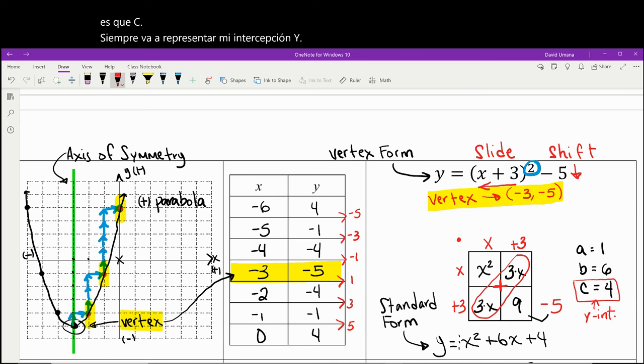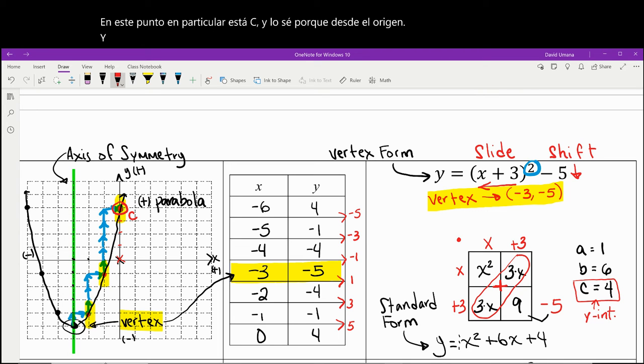So that means that up here, this particular point is C. And I know that because from the origin, I go straight up, and that's 1, 2, 3, 4. So this is C equals 4.